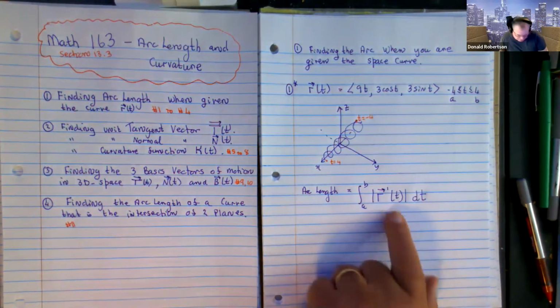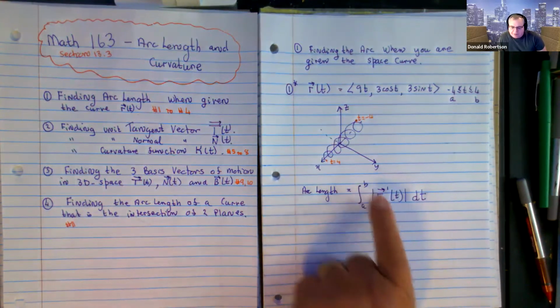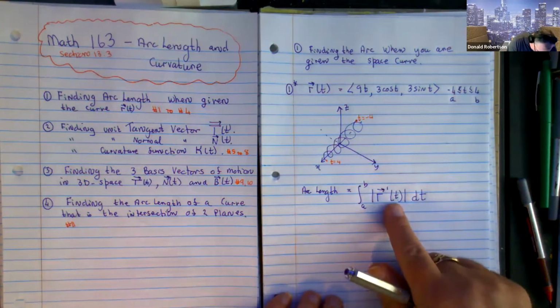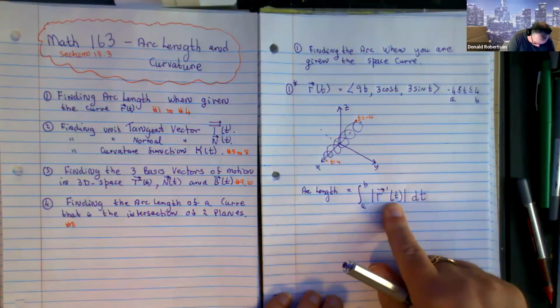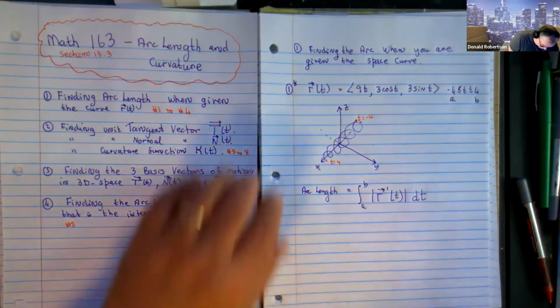Interesting that the magnitude of the derivative integrated from a to b will tell you the length of this arc, or any arc. So as long as you know what the space curve formula is, and you know a start and finish value of t, then you're good to go.